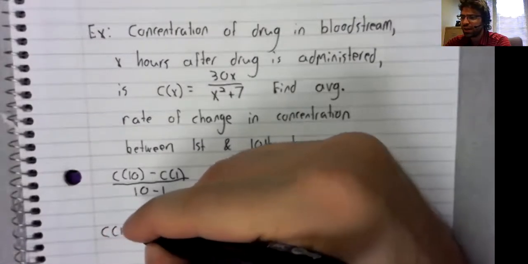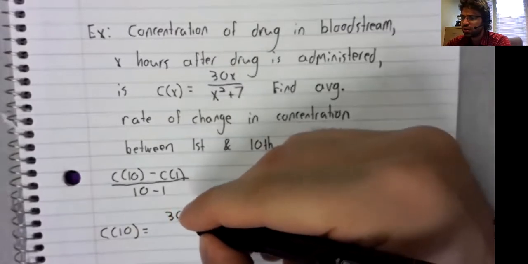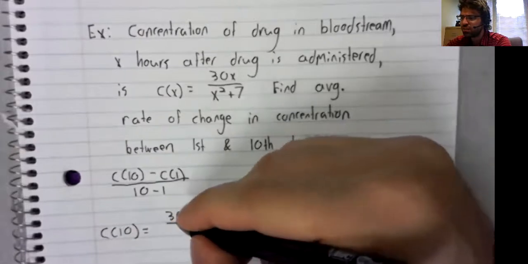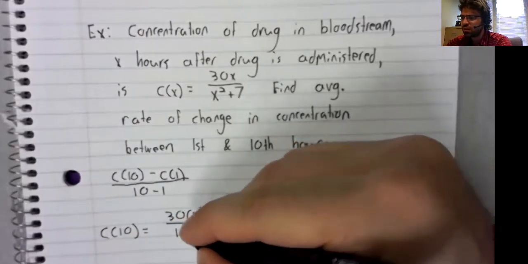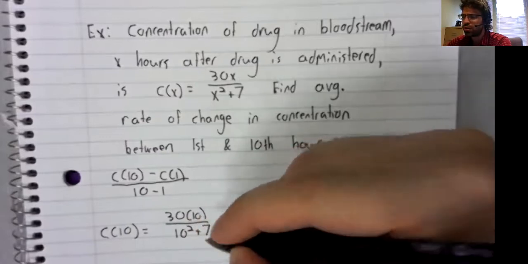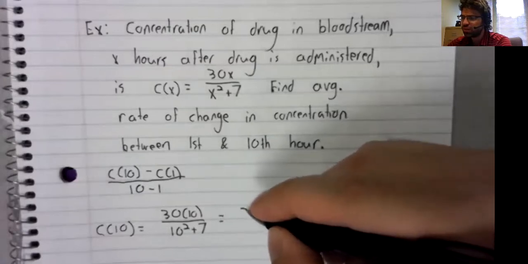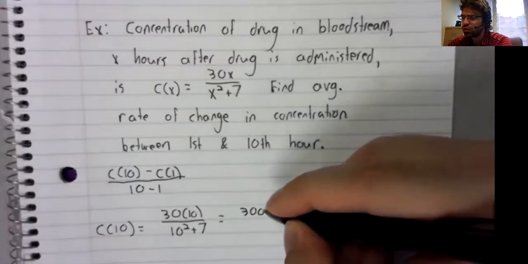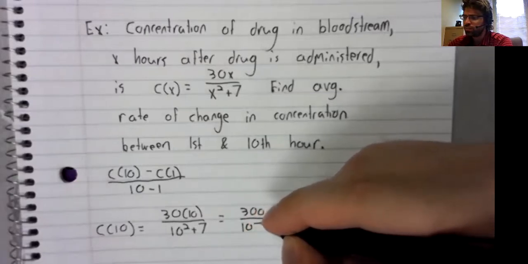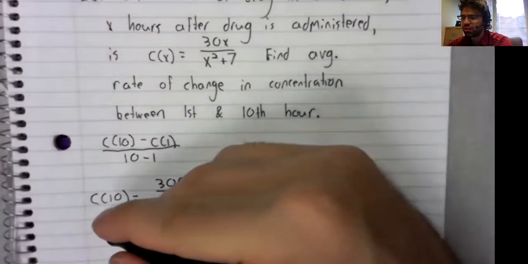C of 10 is 30 times 10 divided by 10 squared plus 7. So 300 over 107.